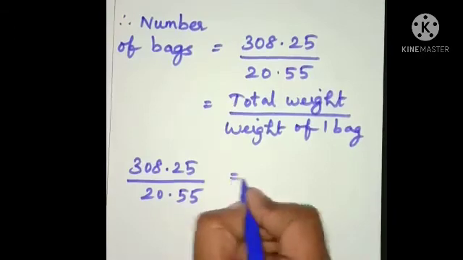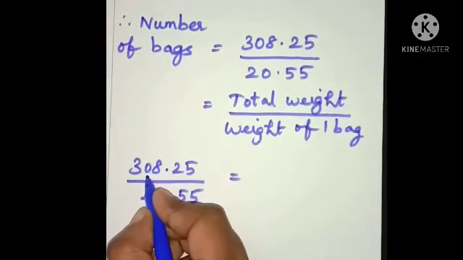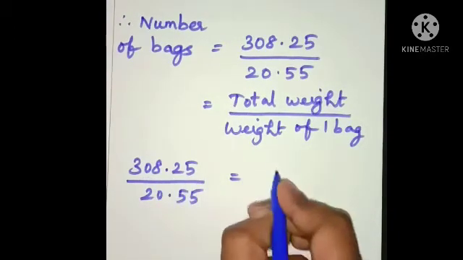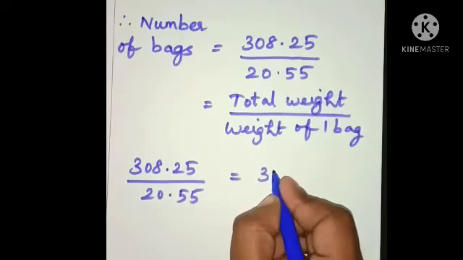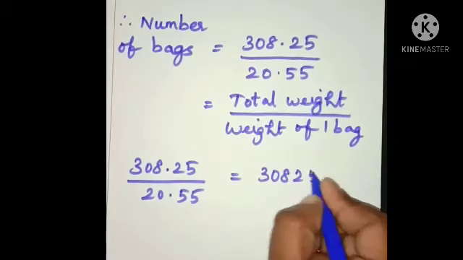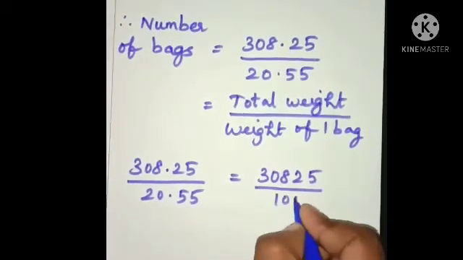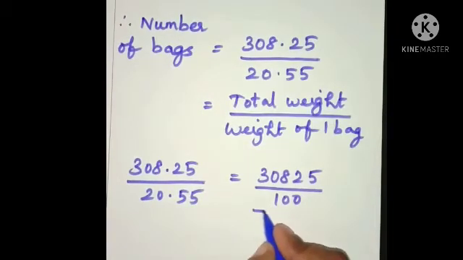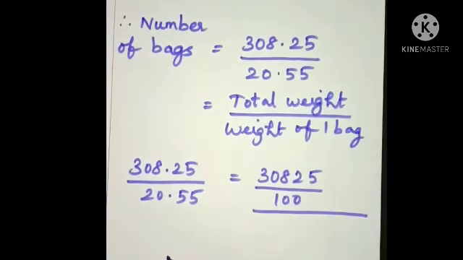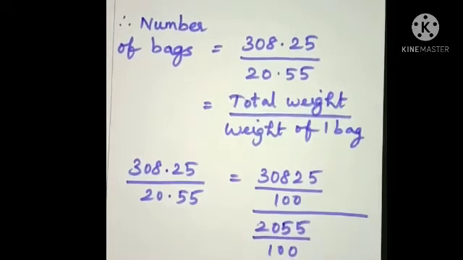So let us simplify. So children, here we can write 308.25 as 30825 by 100. Isn't it? The whole divided by 20.55, which can be written as 2055 by 100 because there are two zeros.